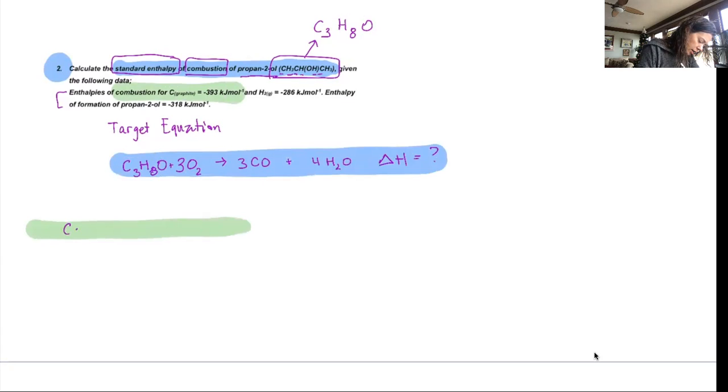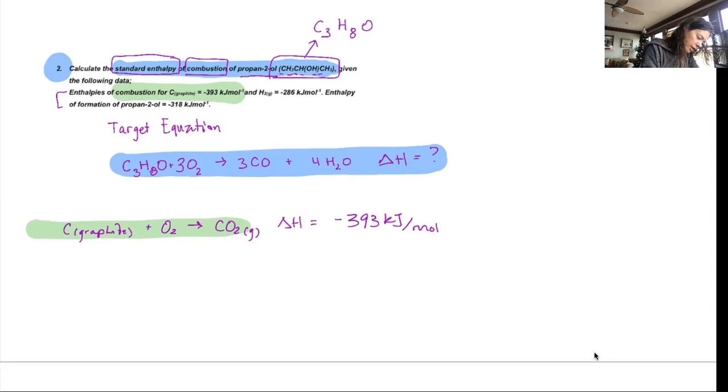That's C graphite combusts, and that, as you would predict, is going to make CO2. You will not have to know that. The enthalpy of that process is negative 393 kilojoules per mole of graphite combusted.